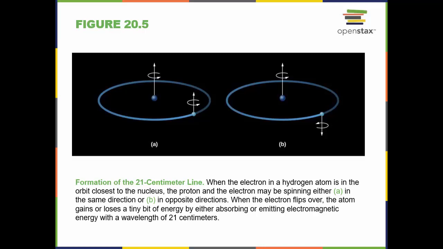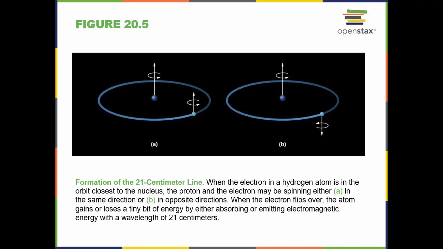If they're both spinning in the same direction, then we say their spins are aligned, but the electron can also spin in the opposite direction. So either A, the spins are parallel, or B, the spins are anti-parallel.